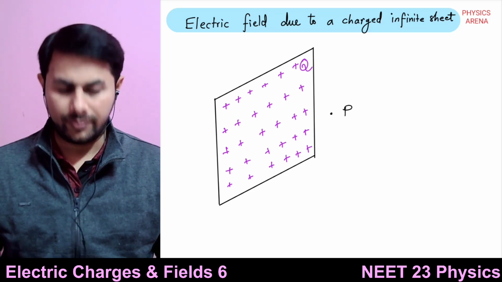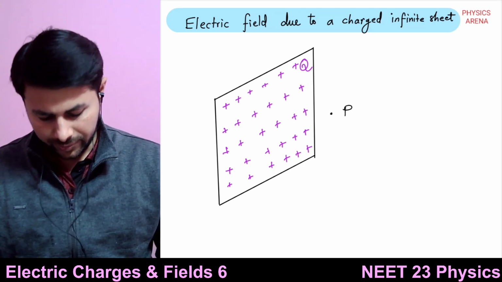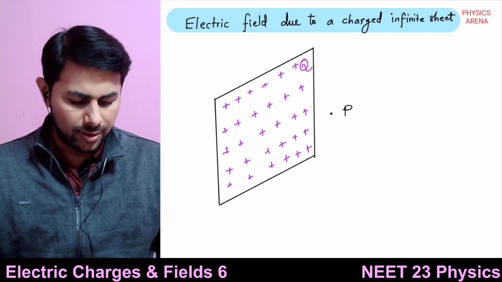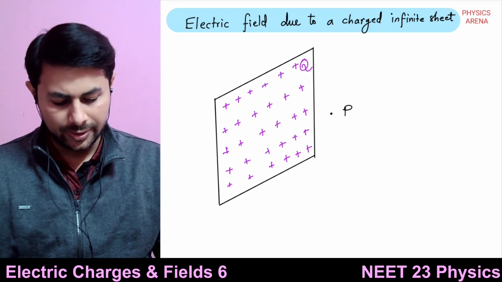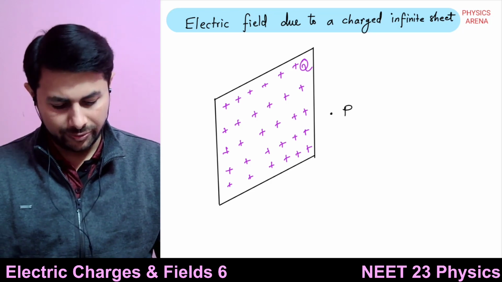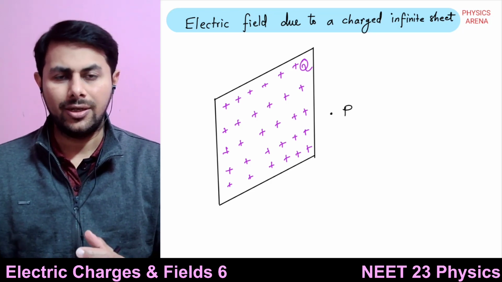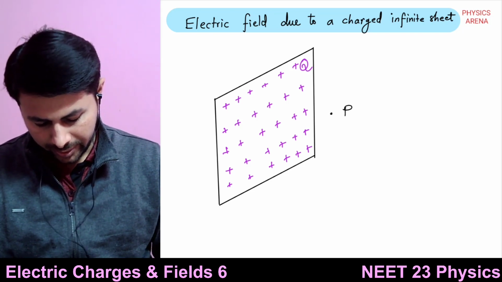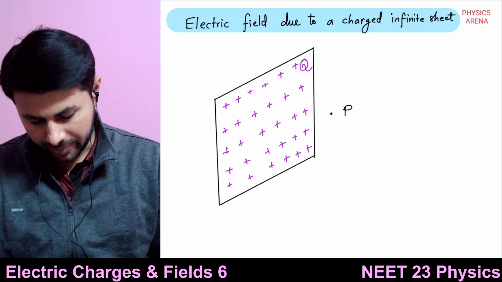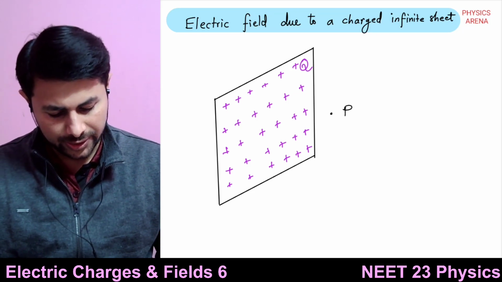This is point P. Now here again we are going to use Gauss's law. To use Gauss's law, we need a surface known as a Gaussian surface. So here we draw a Gaussian surface. Once again, we draw a Gaussian cylinder.